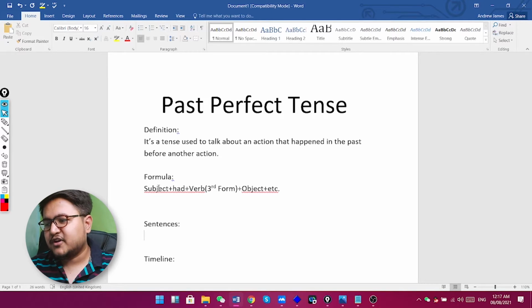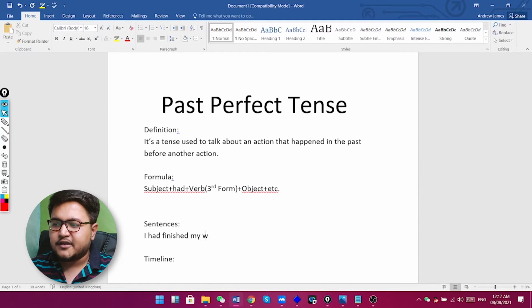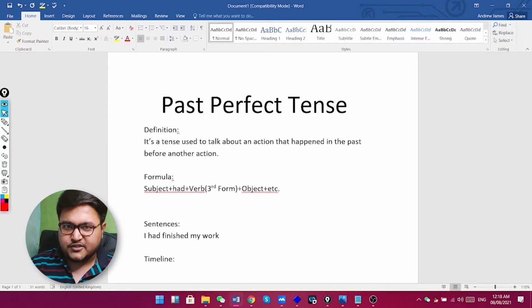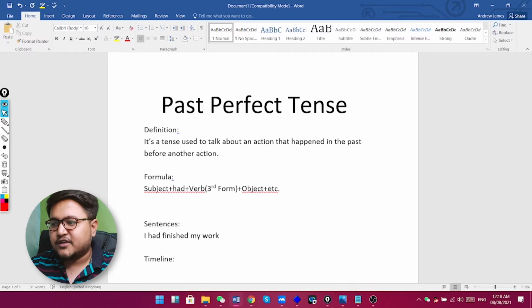Okay, so now let's try to make some sentences. The first sentence we are going to make is, I had finished my work. Now, as I told you before, we use it to talk about an action that happened in the past before another action. So we are going to use another part of the sentence, and this is how we use it.